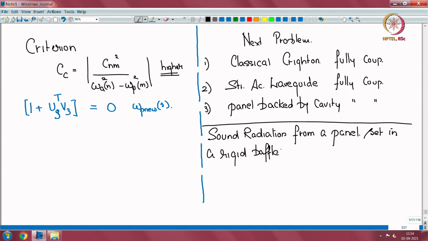It's again a very traditional problem in sound structure interaction. So this is a rectangular panel. So now what do we have? We have a plate or a panel. To begin with, let us say it is simply supported and it is set in a wall that extends to infinity in all directions.